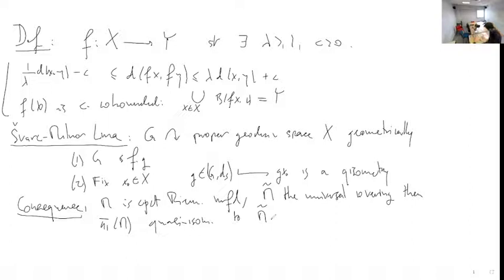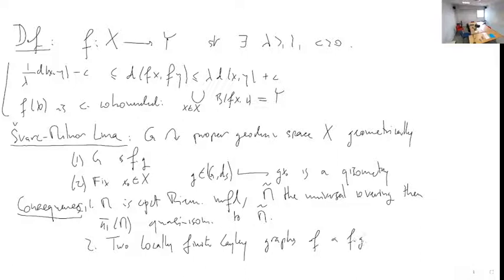Another consequence that is really important, so this is the first, the second is to say that two locally finite Cayley graphs of a given finitely generated group are quasi-isometric.